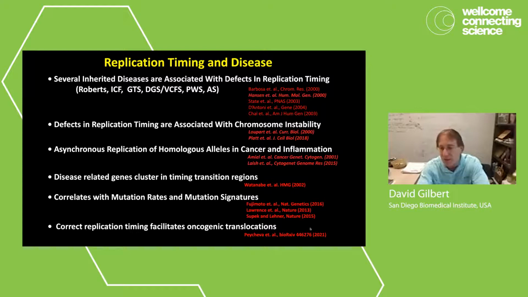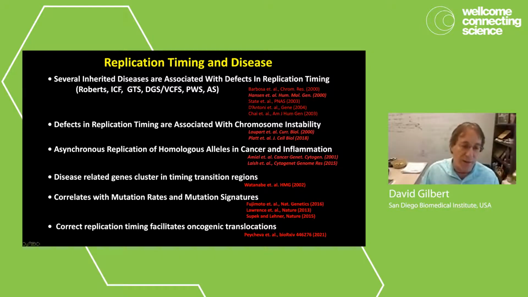And then recently, in an archive manuscript, Rishad Pavri has shown that in B cells, where the A protein mediates variation in immunoglobulins, it also can cause translocations between enhancers in other parts of the genome.